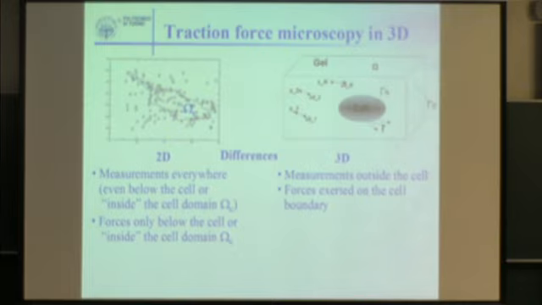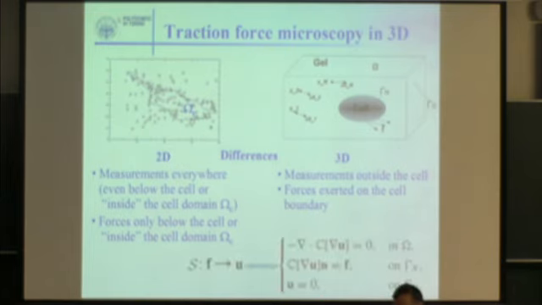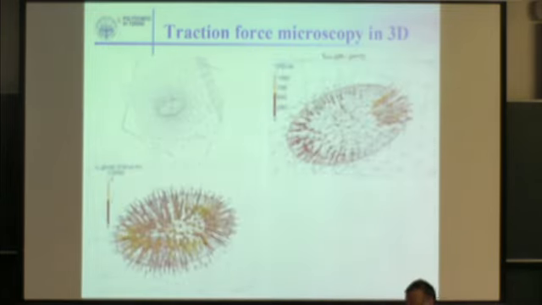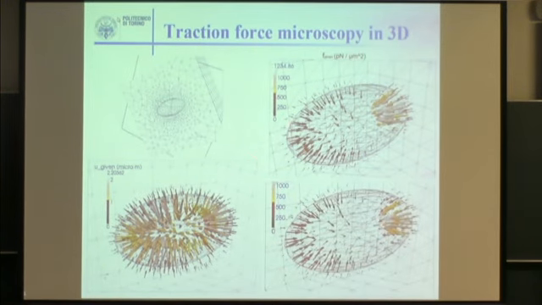We don't have data yet, but if you have data, we are happy to play with that and try to infer, from this field of deformation, the forces that are exerted by the cell.